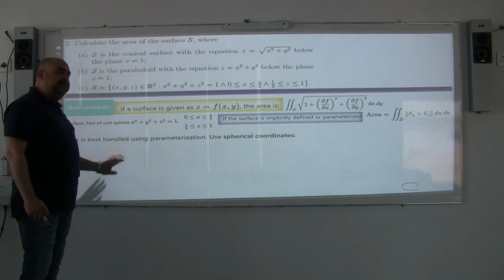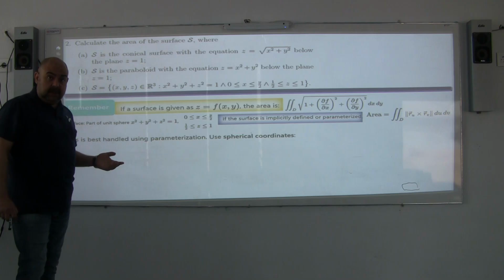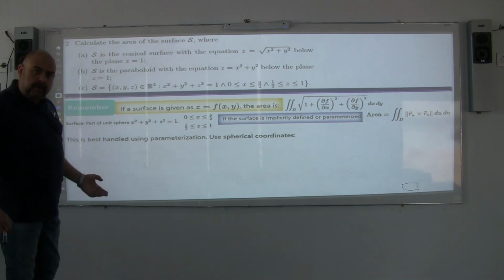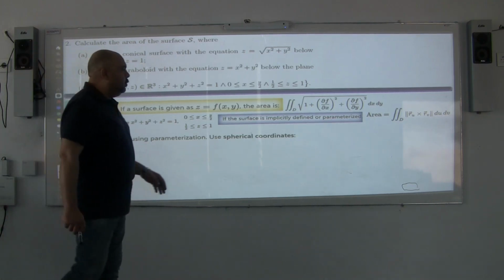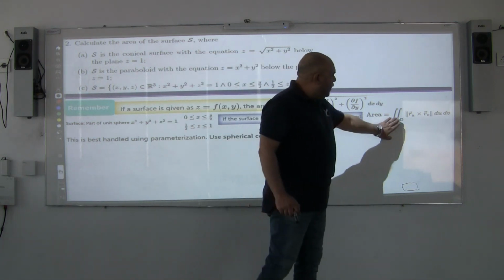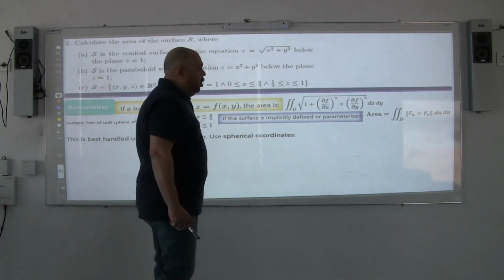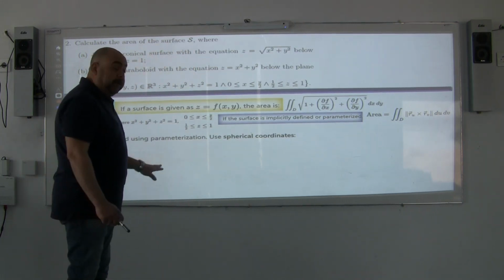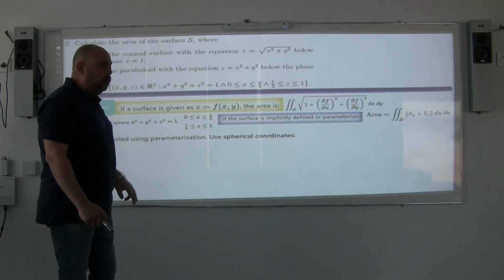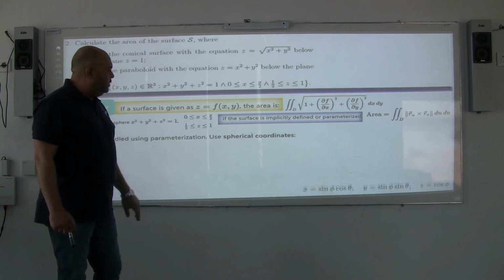But once you go through spherical coordinates, it means you will parameterize your equation. Once you parameterize your equation, I will leave this guy and I will work with the area of ru cross rv. This problem is really very important. I want you to go through it more than once, step by step.